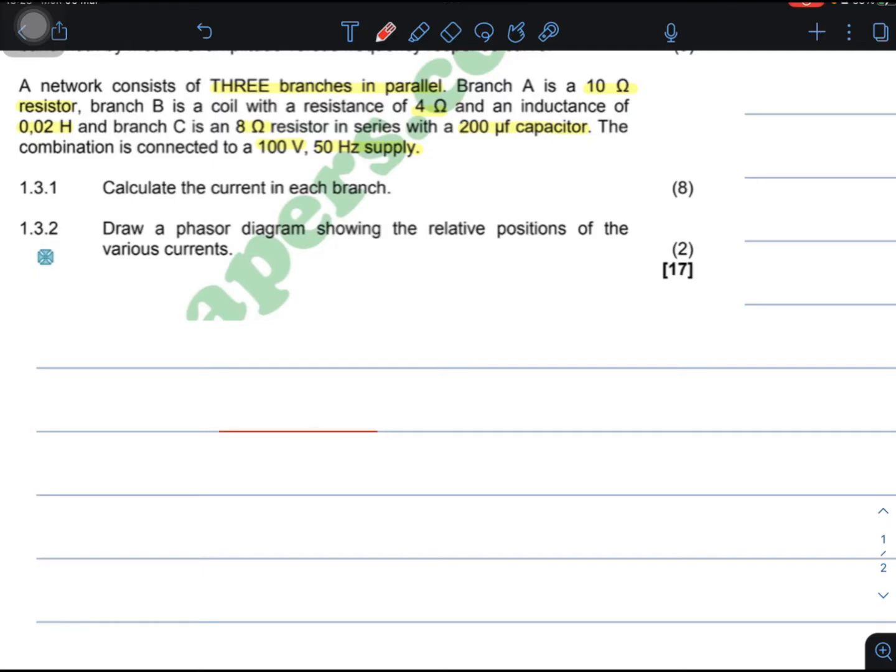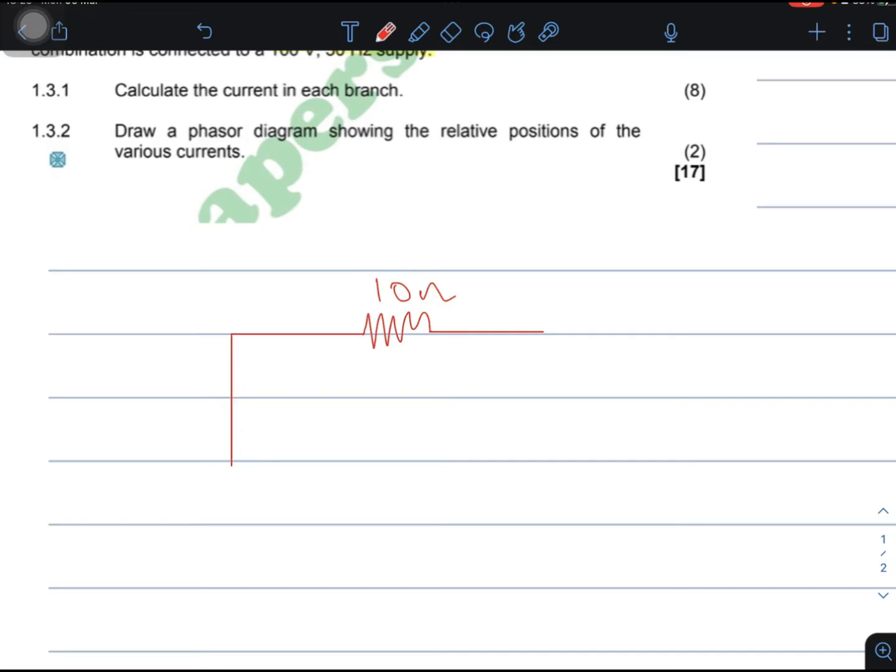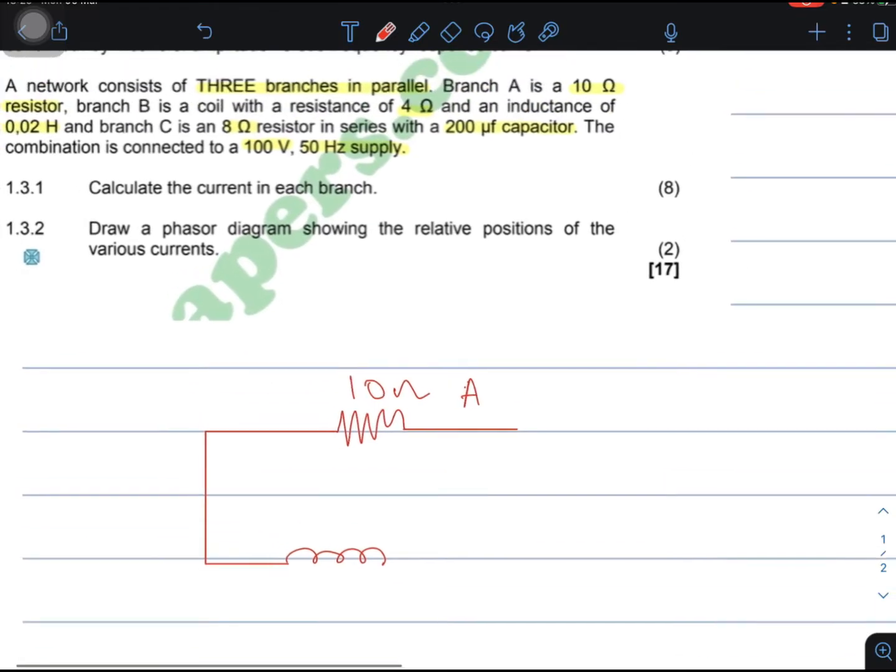I will start with branch A, which is a 10 ohm resistor. Then branch B. What do we have in branch B? We said we have a coil. When you are representing the resistance of a coil, you always connect it in series with the coil, guys, please, because the resistance of that coil will always appear to be in series, never in parallel.